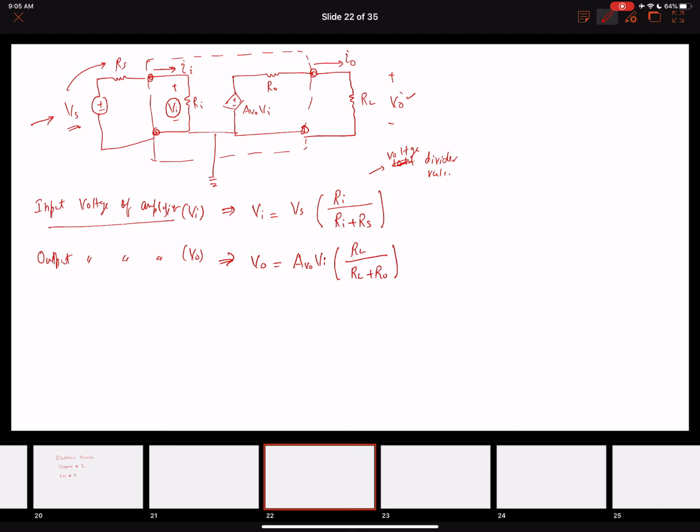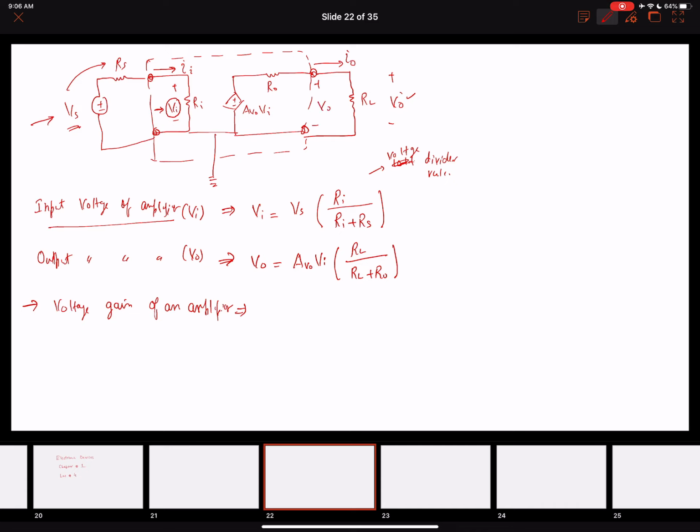Okay, now let's find the voltage gain of the amplifier. We are going to define two different gains. One is the voltage gain of the amplifier, which depends on the input voltage Vi and the output voltage V naught.